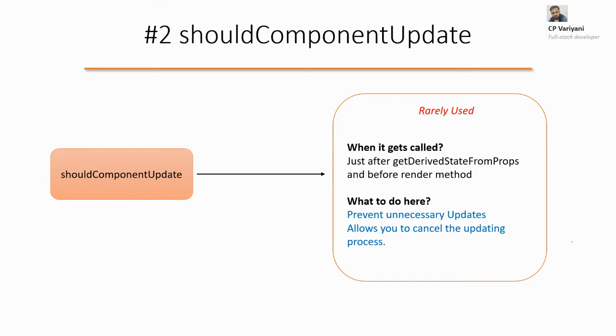And because I said rarely, the reason is that obviously when you have clicked on a button and you want to update that component, you do not want to stop that. But there are some scenarios where you want to stop the component from being updated further, so you can make use of shouldComponentUpdate. So it prevents unnecessary updates and allows you to cancel the updating process.